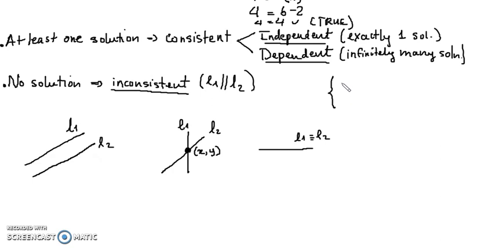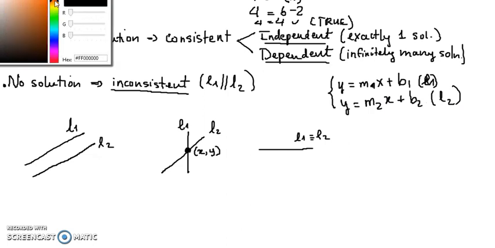So let's say the first linear equation is y equal to m1x plus b1. This is the first one, L1, and y equal to m2x plus b2. This is L2.